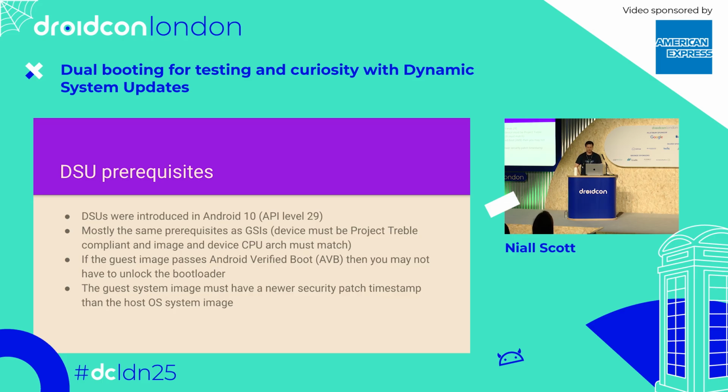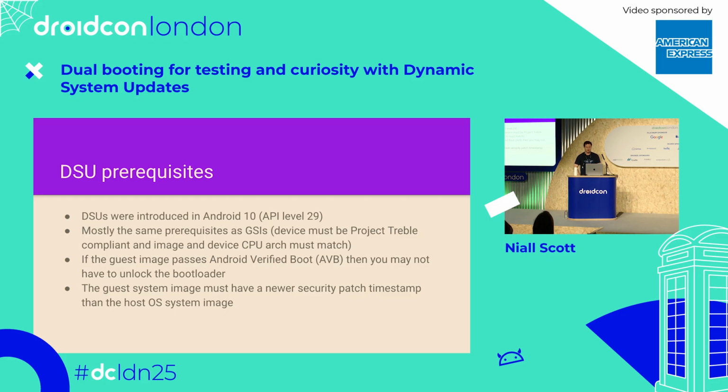But I would probably advise you to unlock the bootloader anyway because it causes less problems later on. If the guest image passes the Android verified boot, then it should boot. But if the image does not boot, then you may need to unlock the bootloader and flash a new VB meta image. But we'll discuss that later on in the presentation.